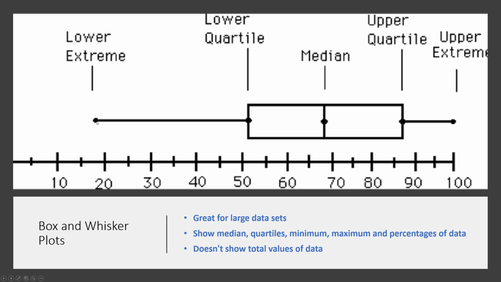So if we look, from this point to this point is 25% of the data. And from here to here is 25%, and another 25%, and the last 25% of the data. We're going to learn more about box and whisker plots later, but for now, you need to know that they show you quartiles, and they're really good to see and compare multiple sets of data.